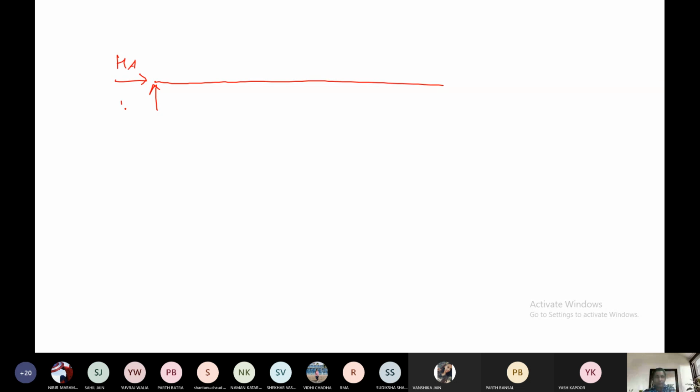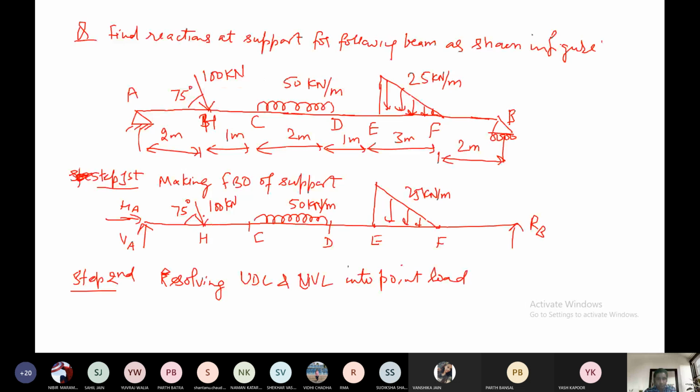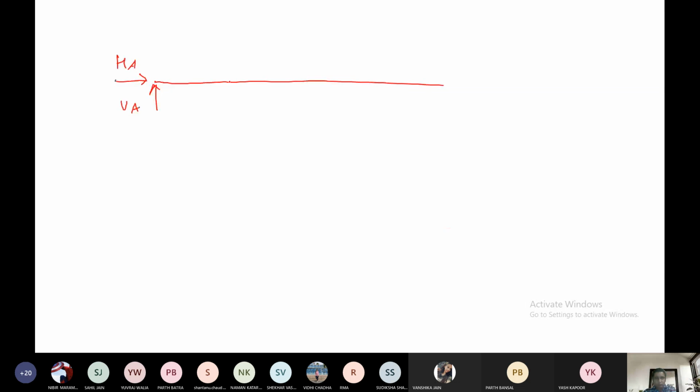HA, VA, and you can see this is a force 100 kilonewton at 75 degrees. So we will change its value. This will be 100 sin 75. This will be 100 cos 75.